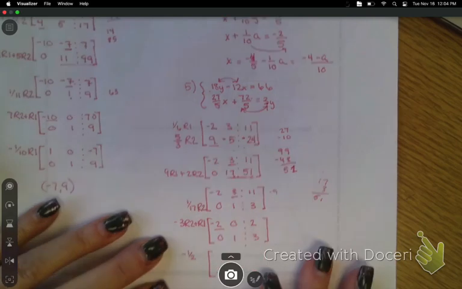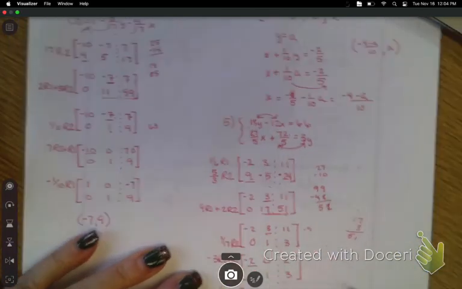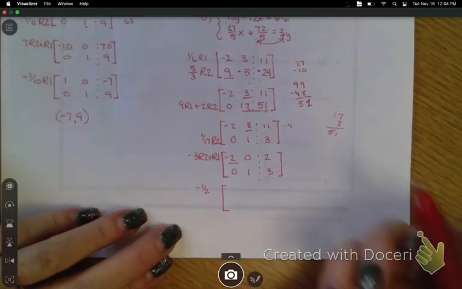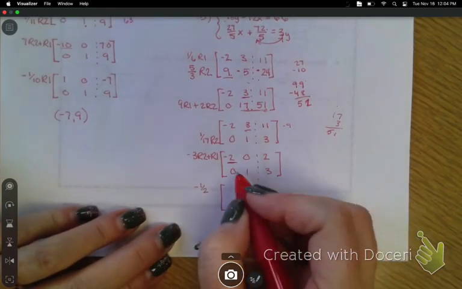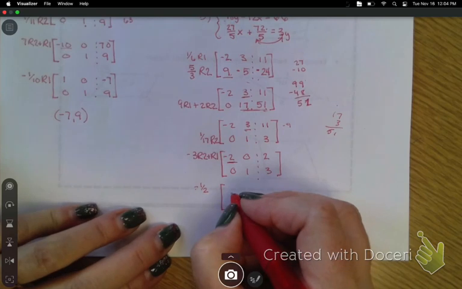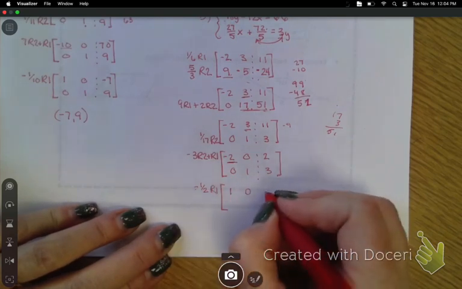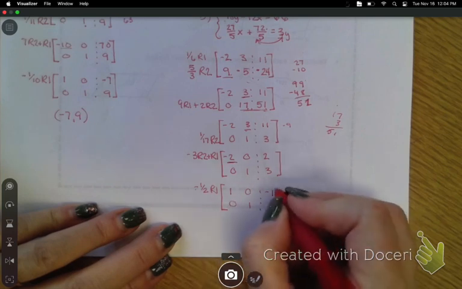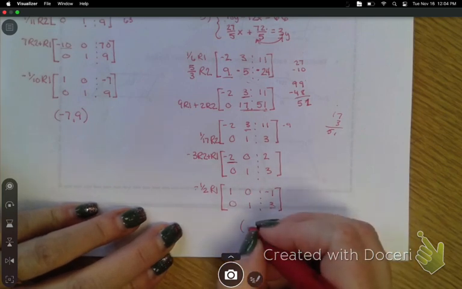Oh, I got off the screen. Caught it before I finished my step. Okay, so again, this -2 needs to be +1, so -1/2 R1. So that'll be 1, 0, -1, 0, 1, 3. And my solution set is -1, 3.